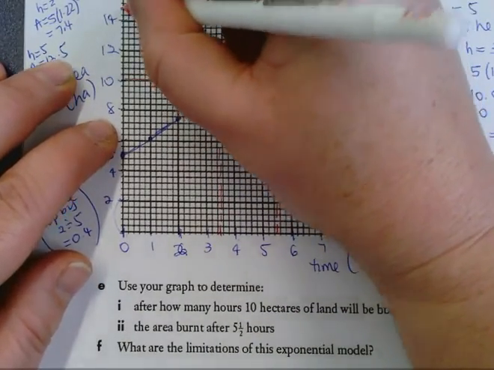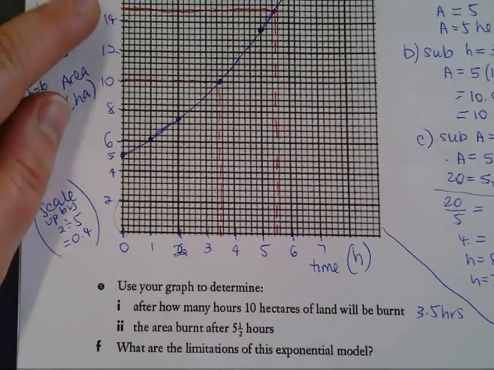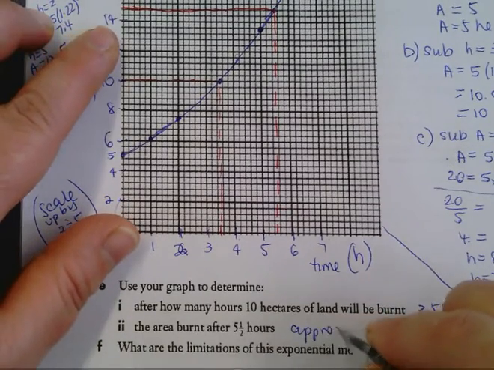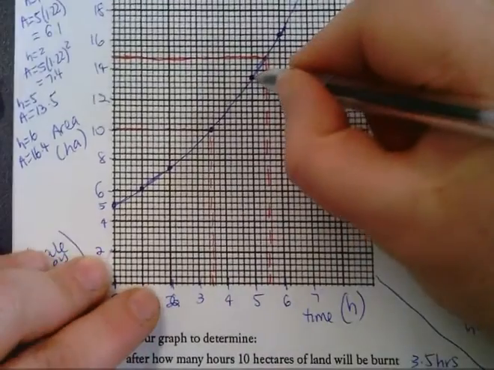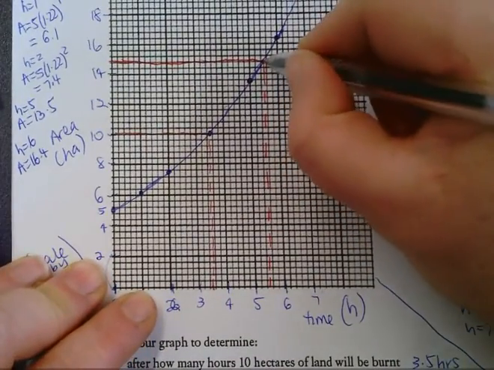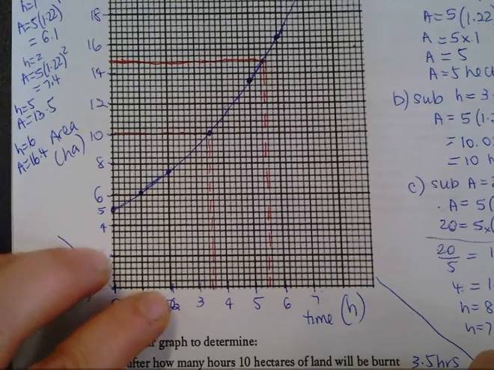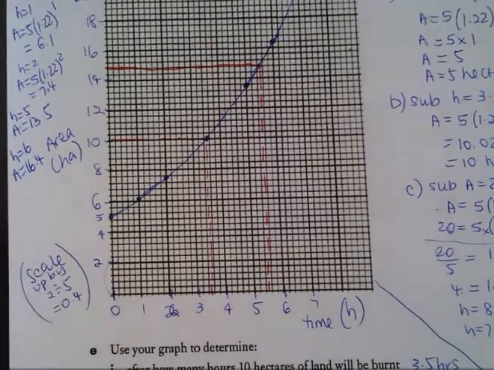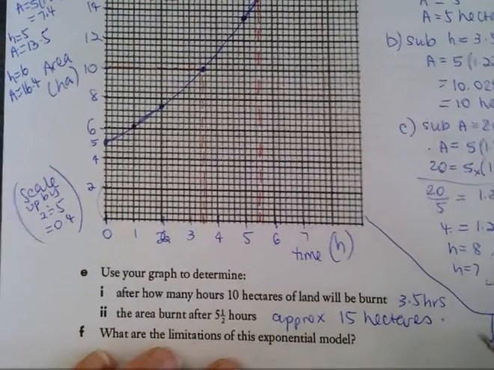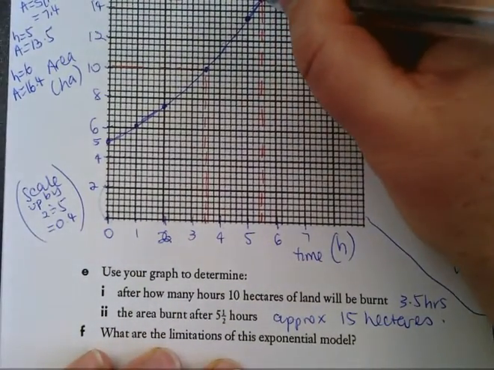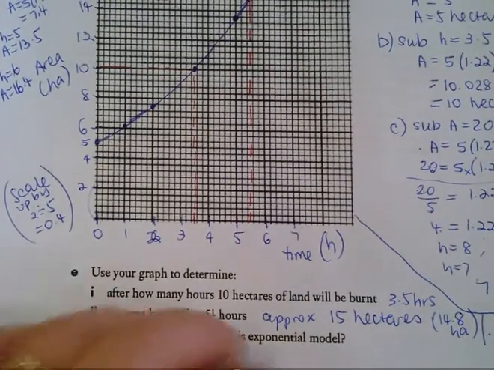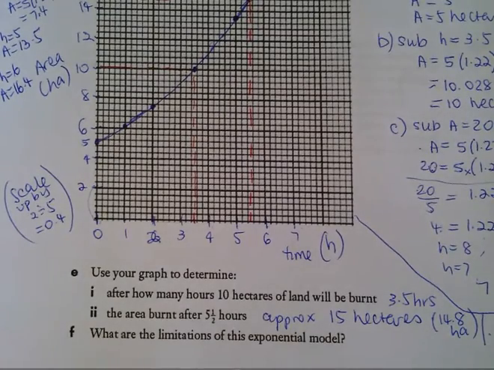It is sitting about 14.8, but I would just say that it's approximately 15, because it just depends on how my curve is drawn. Everyone's curve will be slightly different. I'm reading off 14.8, which is approximately 15 hectares.